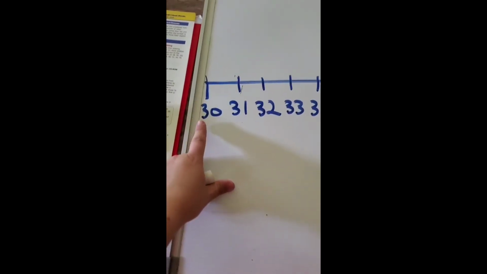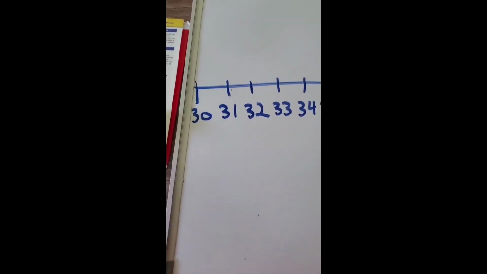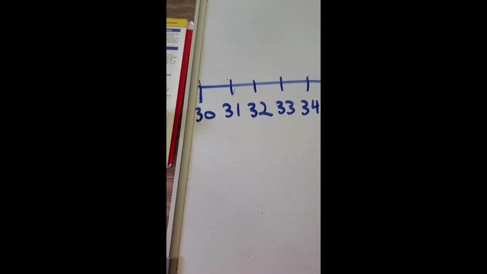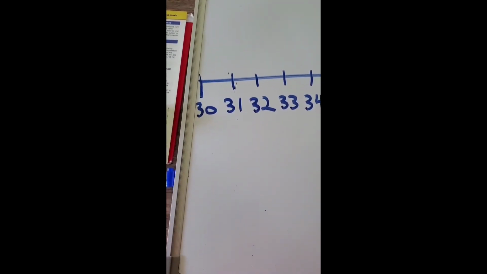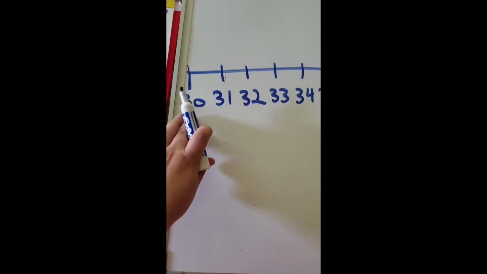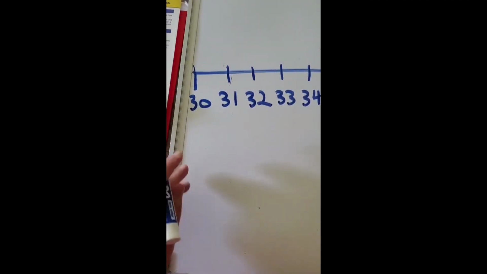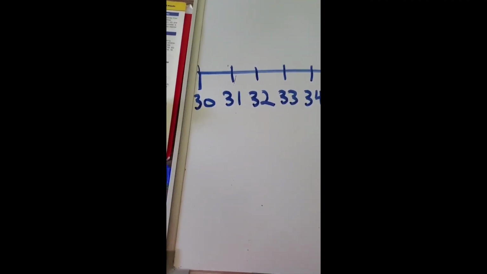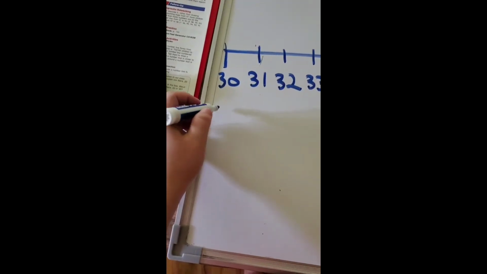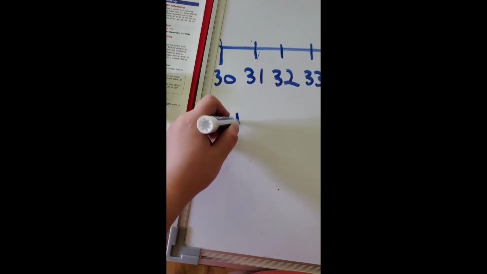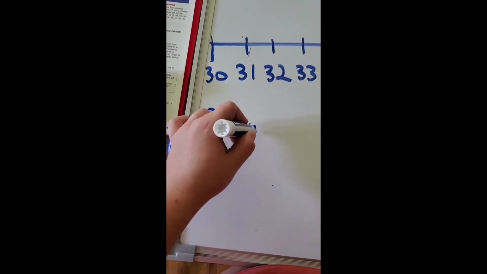So 30, what? So 30 is the same as what if we were thinking of tens? You're right. 3 tens is the same thing as 30.